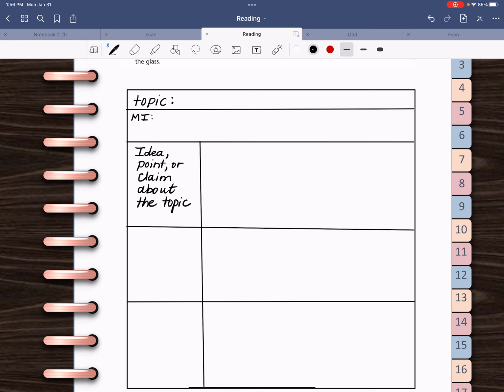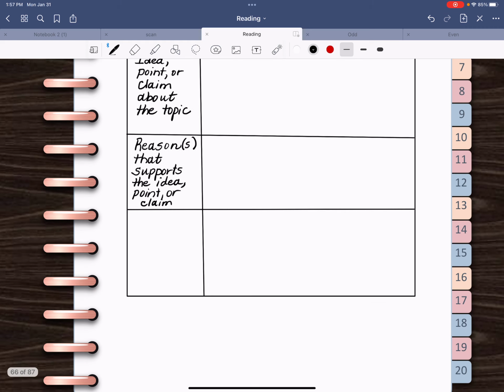In the second box, I'm going to put reason that supports the idea, point, or claim. And it could be more than one reason. We could say reasons plural or reasons singular, depending on your passage. And then finally, we want to look for evidence to support the reason.